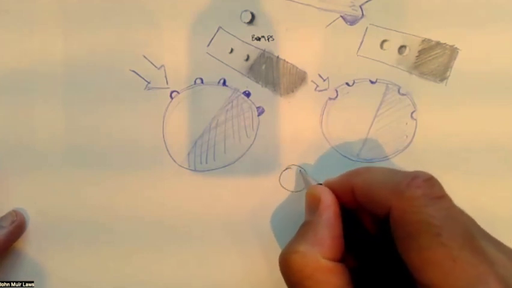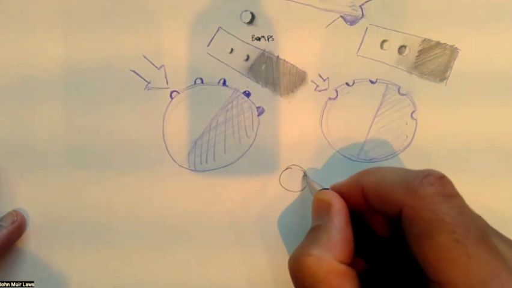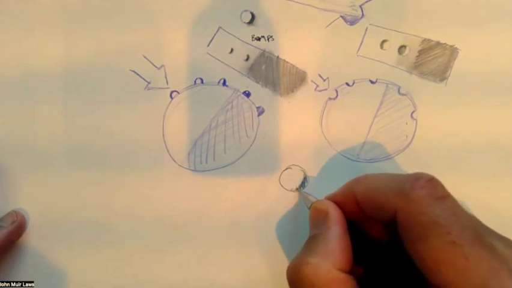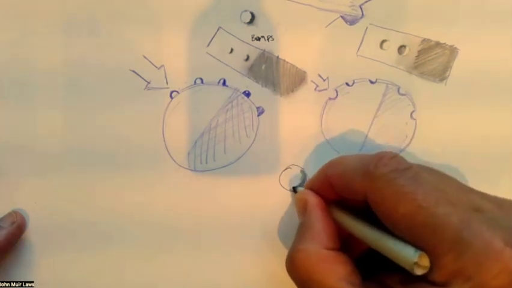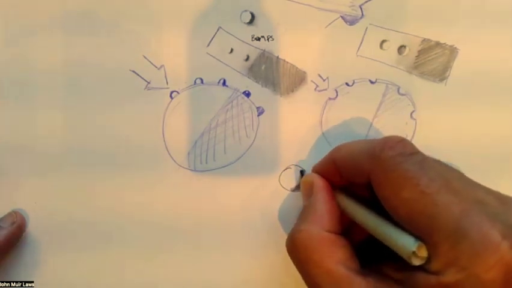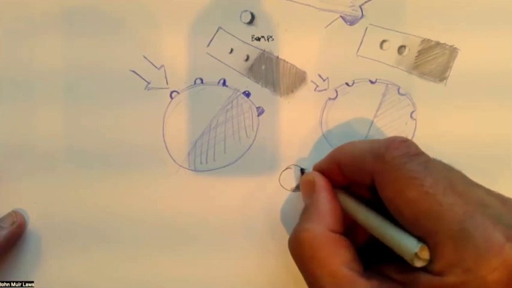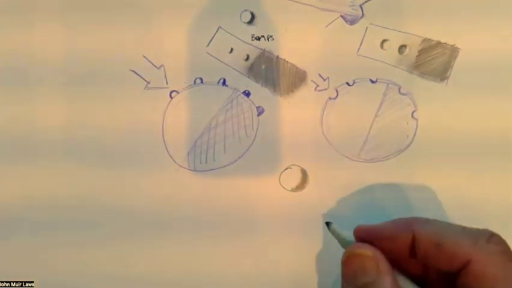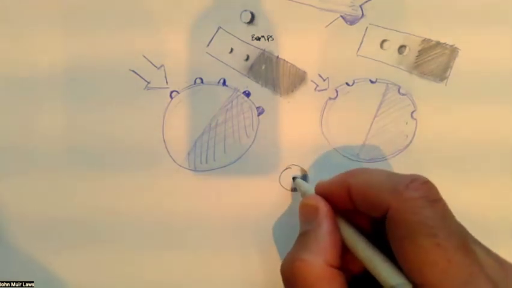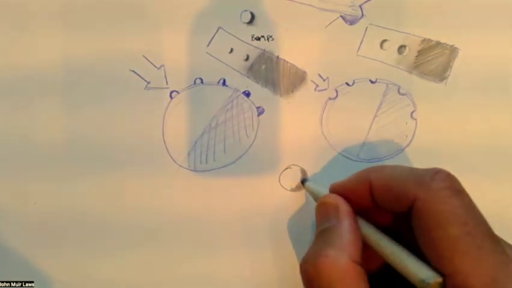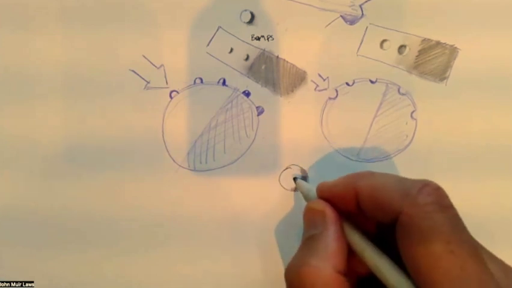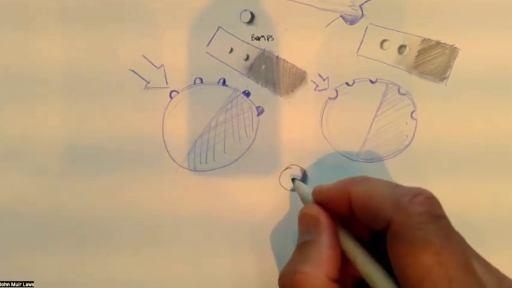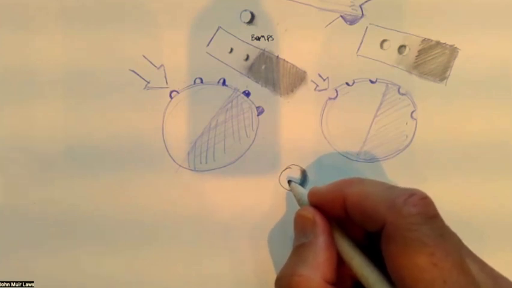Let's say I've got an object and there is a shadow here. Is that a bump with light here, or is it a divot with light here? Just looking at that, there is no way to tell. So if you're going, I can't tell, you're right, there's no way to tell.